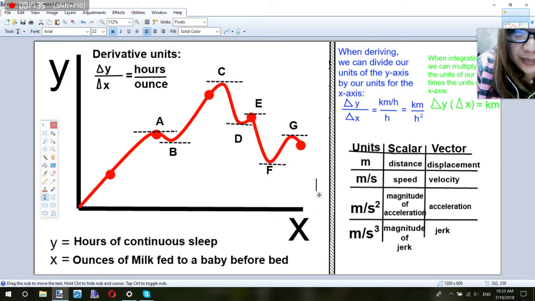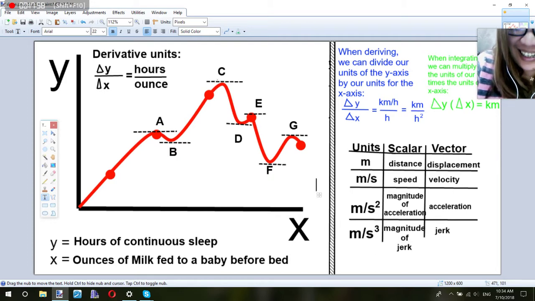Okay, I've got 4 relative maximums, A, C, E, G. You need to choose C. Okay, how did you do that? How did you know? Okay, you chose C because you knew it was the maximum.